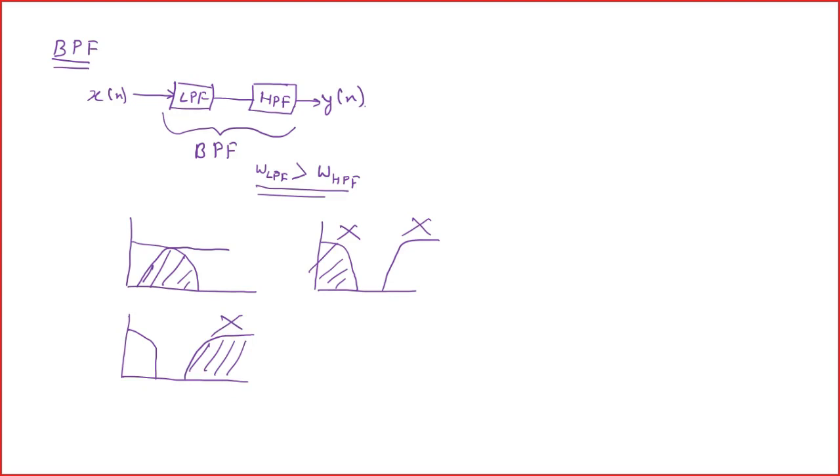Okay. So while designing a band pass filter using a low pass filter and high pass filter, you should keep in mind the cutoff frequency of the low pass filter should be greater than the high pass filter. Okay. Now next comes the band reject filter.